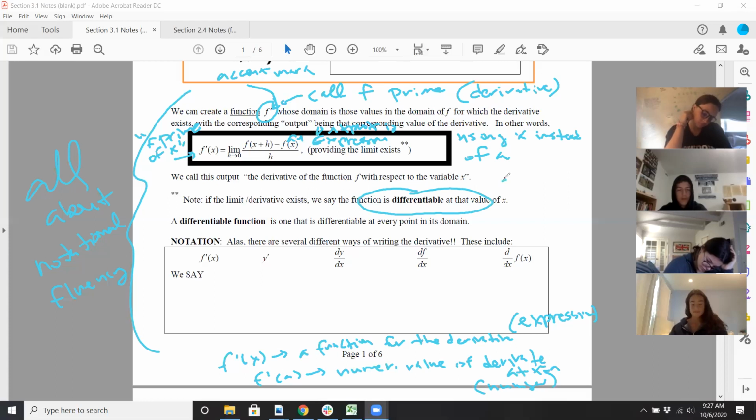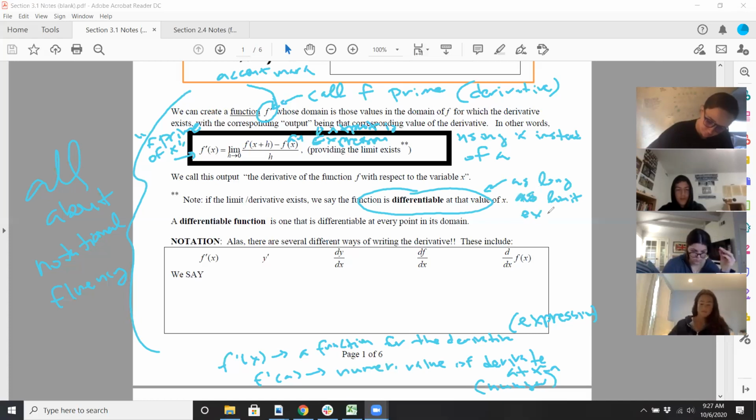So we say this as long as the limit exists. What limit? That limit right there. So we could say it's differentiable, so it's able to be differentiated, right?